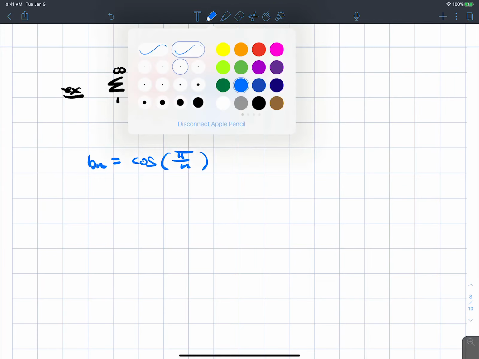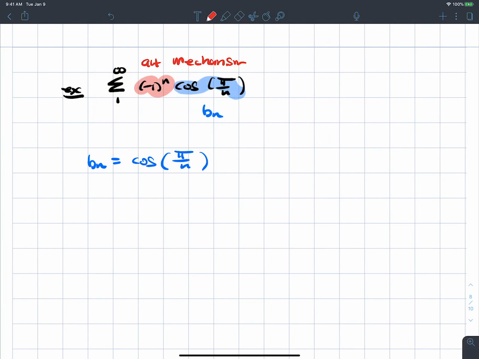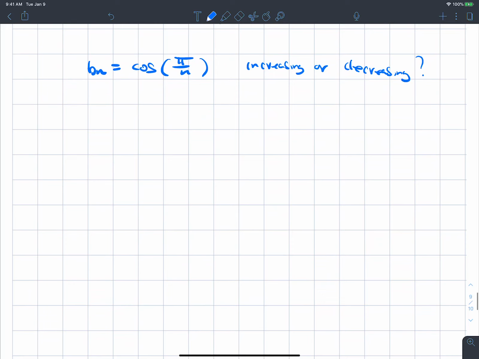And I'm going to point out to you, is this increasing or decreasing? What's happening with those terms? Well, I want to note a few things that you're really looking at. For the first term, cosine pi, and you're looking at cosine pi over 2, cosine pi over 3, and cosine pi over 4.